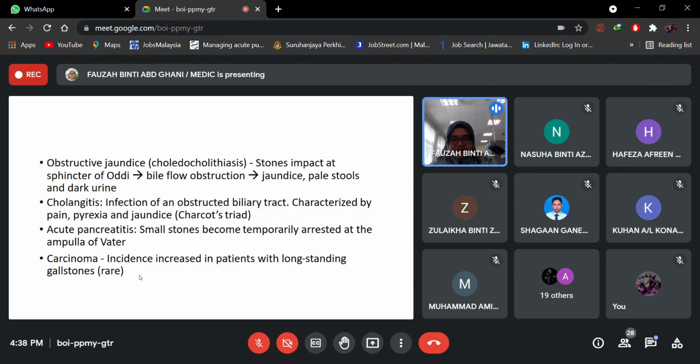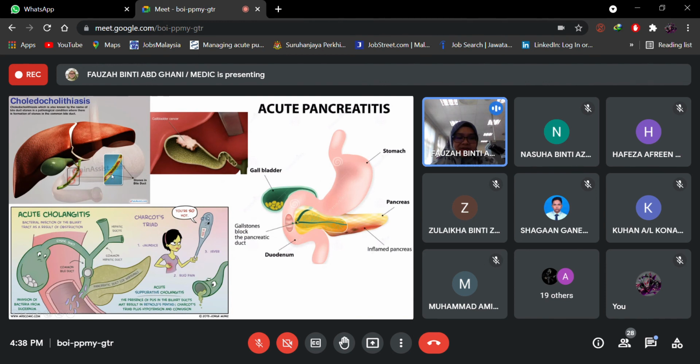Cohen also just now mentioned about carcinoma, but this is rare. Okay, good. So this is choledocholithiasis, the stones obstructing the bile duct. It is also reducing the flow of the bile, so there is invasion of bacteria, in this case from the duodenum.